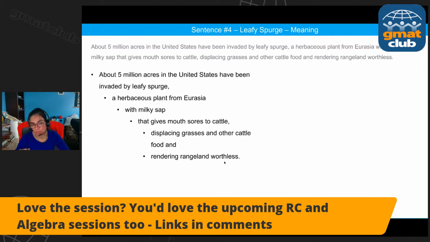because leafy spurge displaces grasses and other cattle food, the result of this action is that the grazing grounds become useless.